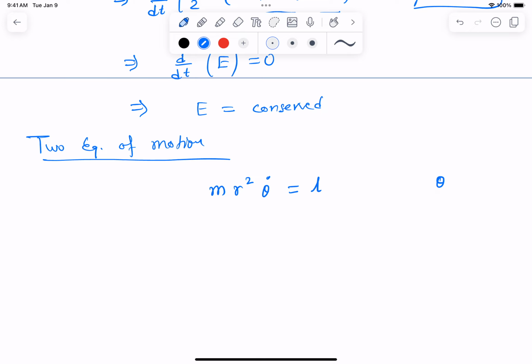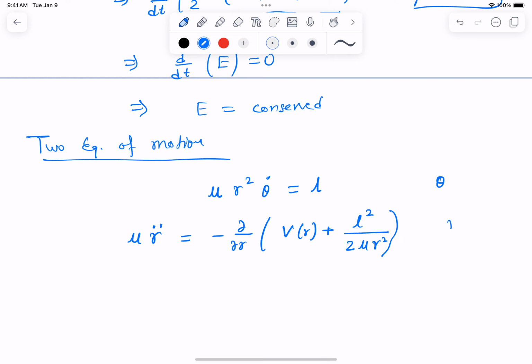And the other equation of motion is, and I keep making this mistake, this should be mu, not m. The other equation of motion is that mu r double dot equals minus del by del r of V of r, the central potential, plus L square by 2 mu r square.